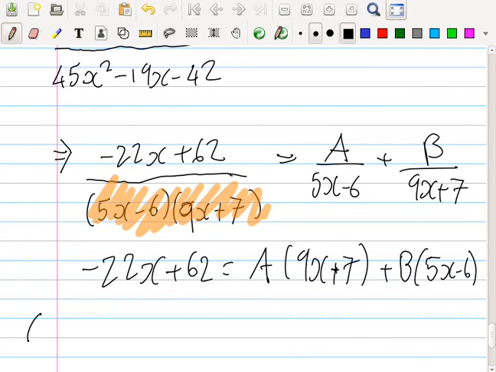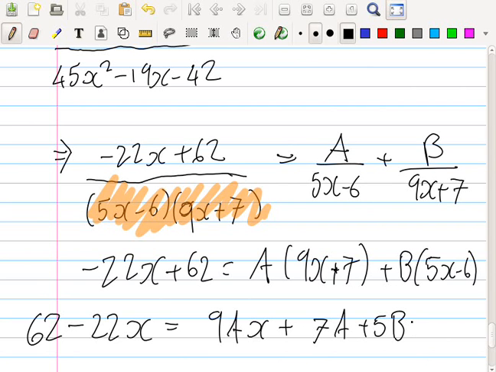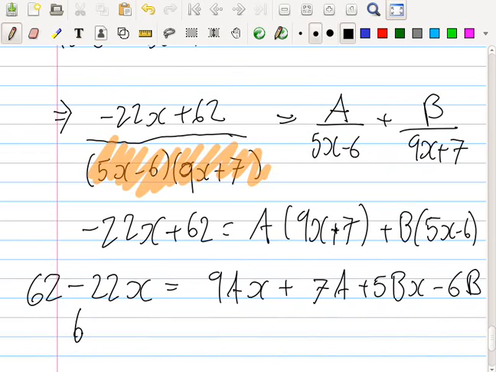So I get here 62 minus 22x equals 9ax plus 7a plus 5bx minus 6b.